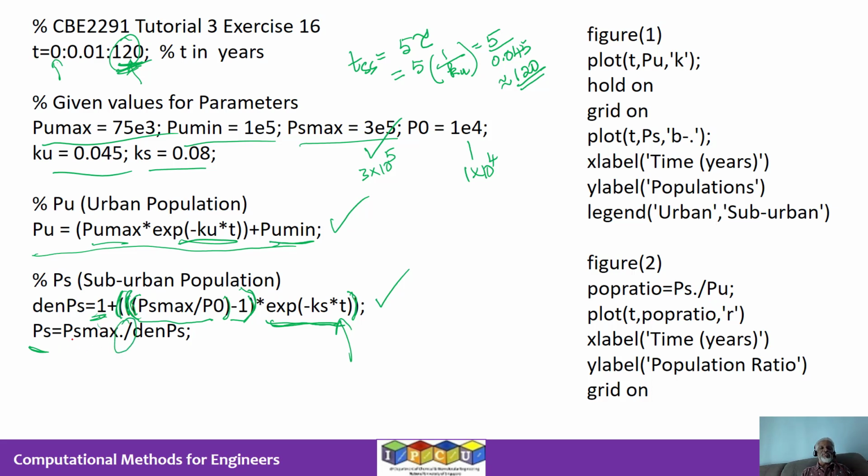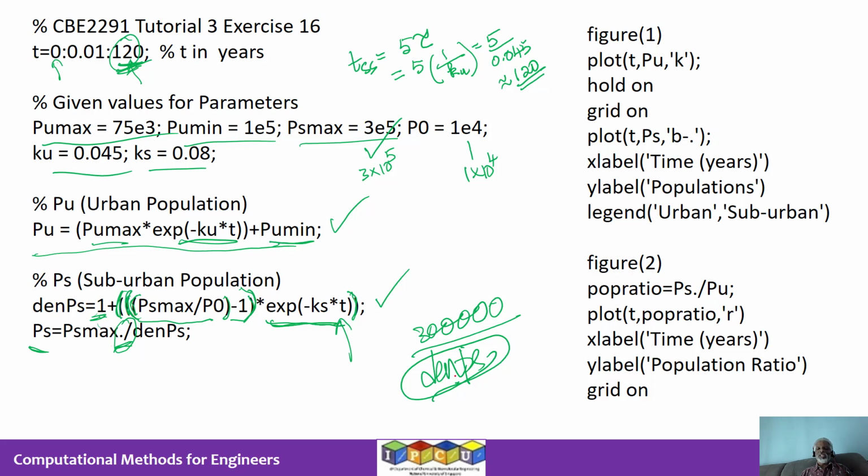That means PS max is a number, right? PS max is 300,000. So 300,000 divided by something, the denominator, that changes with time. So this denominator is a vector. Every element of that vector I take and I do 300,000 by that value. So it is going to be an element by element operation.